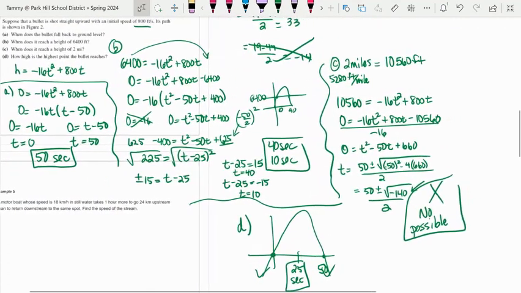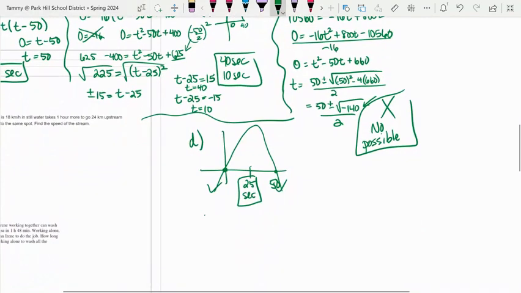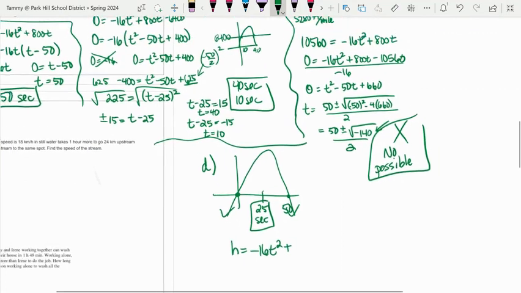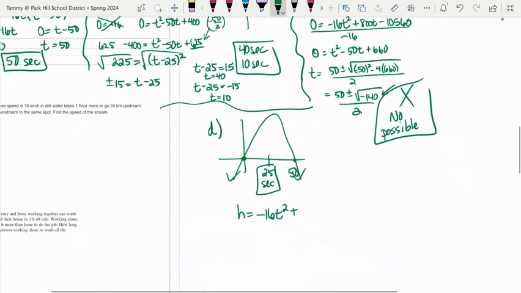So h equals negative 16t squared plus 800t, so h is negative 16 times 25 squared plus 800 times 25.